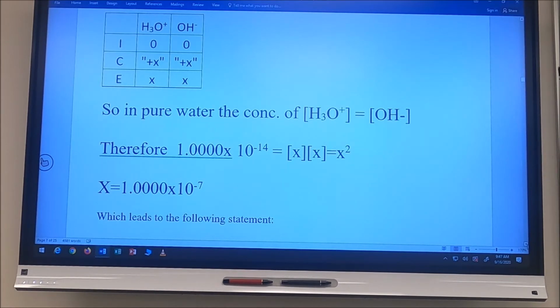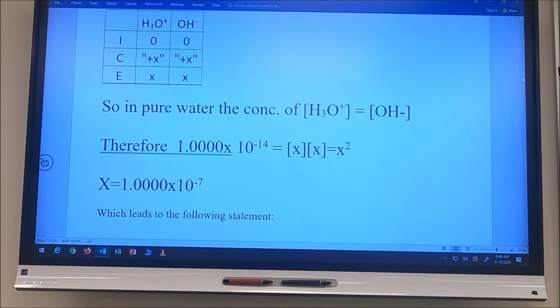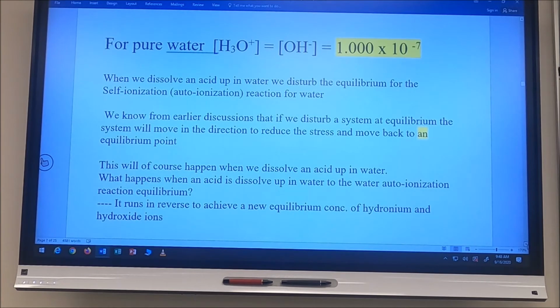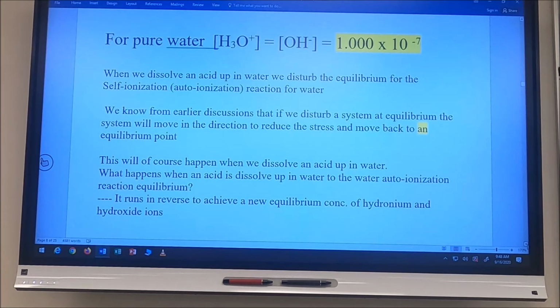So X is 1 times 10 to the minus 7. Okay? Look that over. This leads to the following statement. In pure water, hydronium ion concentration equals hydroxide ion concentration, which is 1 times 10 to the minus 7.